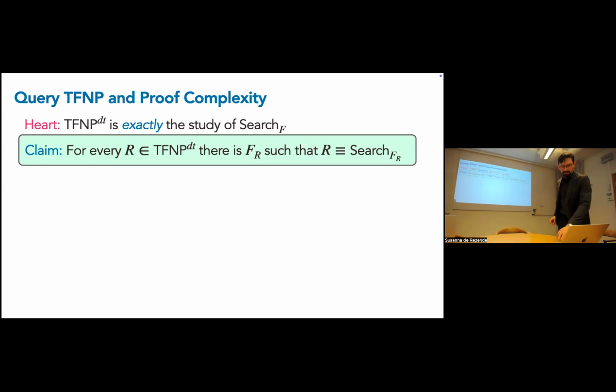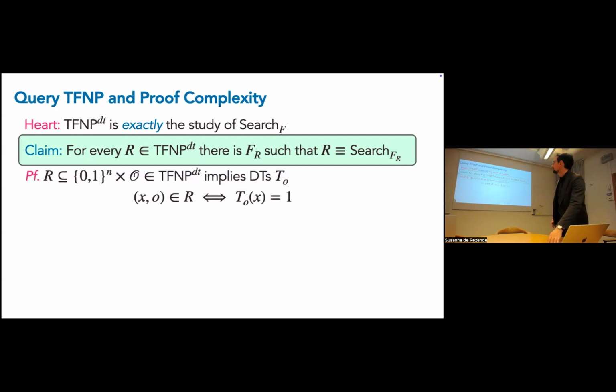That's what this claim is saying. And the idea is to take a TFNP problem and encode it as an unsatisfiable CNF formula, which asserts that the total search problem is not total. So it's going to be unsatisfiable because we started with a total search problem. This is not too hard to do.